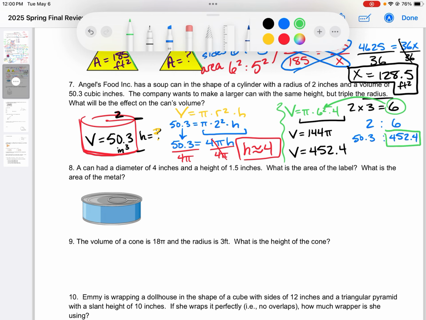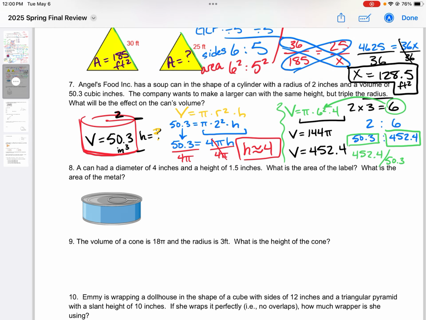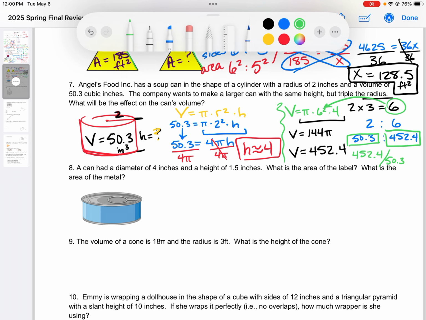So when you're trying to figure out a scale factor, okay, you can take a figure from your bigger shape and divide it by your smaller shape. And when you divide 452.4 by 50.3, you get 9.